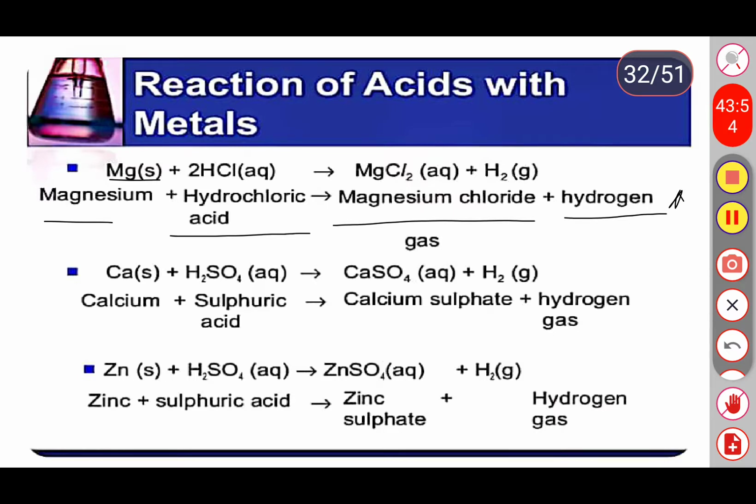Calcium sulfate, which is a salt, and hydrogen gas is liberated. And the third one, when zinc reacts with sulfuric acid, it forms zinc sulfate, and hydrogen gas is liberated. See here some more examples.